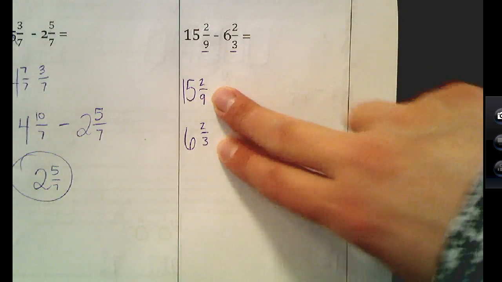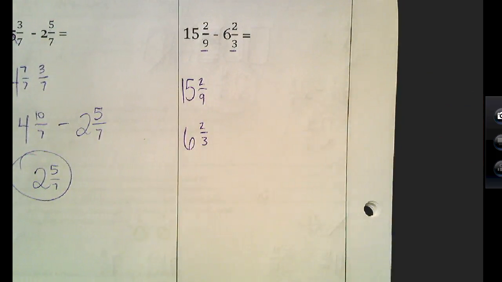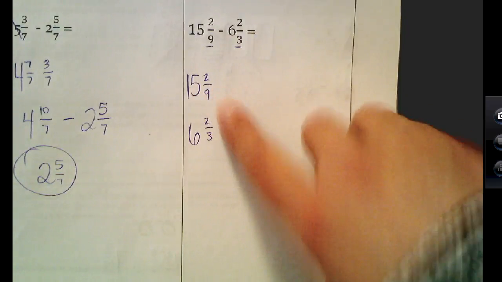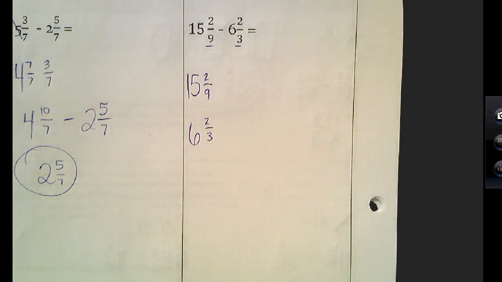And now I want you to pair up with your group and tell them what is the common denominator. And then who can raise their hand and share what they came up with? What is the common denominator that both 3 and 9 can go into? Raise your hand. What is your common denominator?